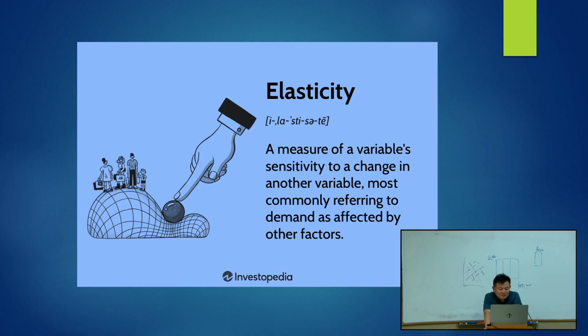One variable is very sensitive to a change in another variable, most commonly referring to demand as affected by other factors. So on this side other factors are put in, and then the consumer moves. This is elasticity. Just read it there.